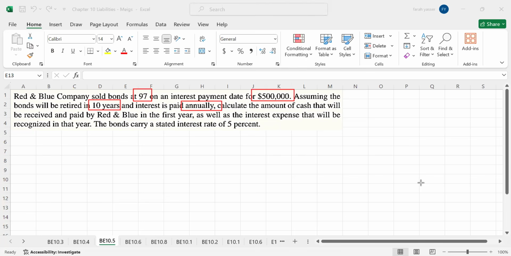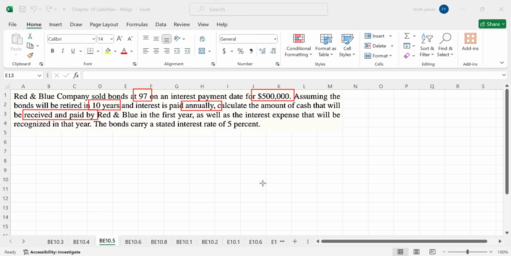Calculate the amount of cash that will be received and paid by the company in the first year, and the interest expense that will be recognized in that year. The bonds carry a stated interest rate of 5%.